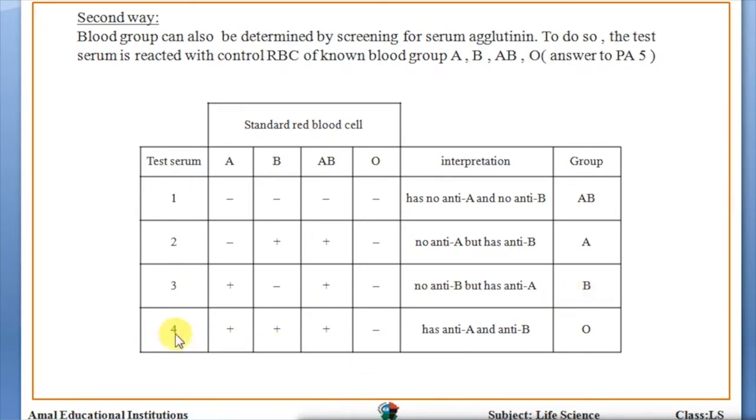In the last case, agglutination is observed with A, B, and AB.